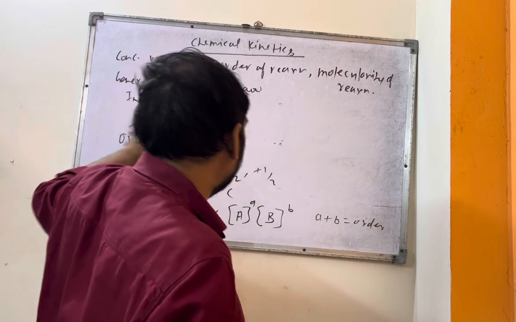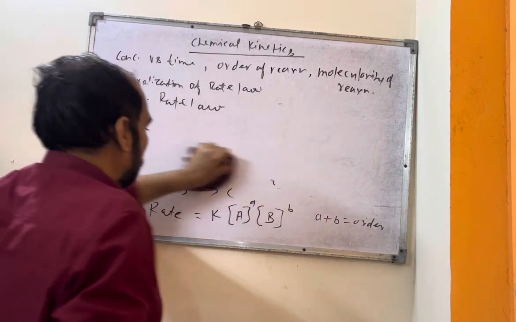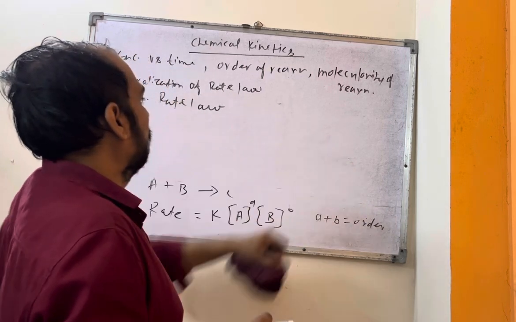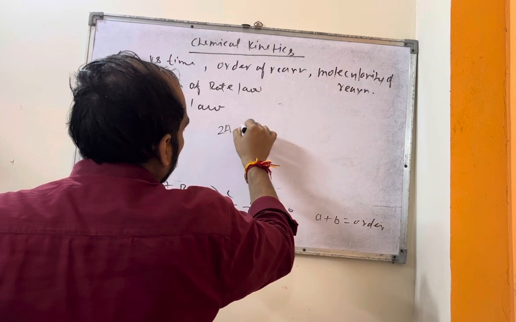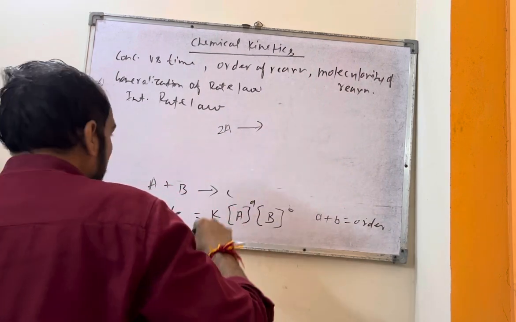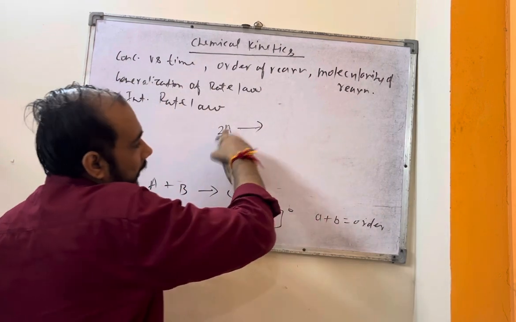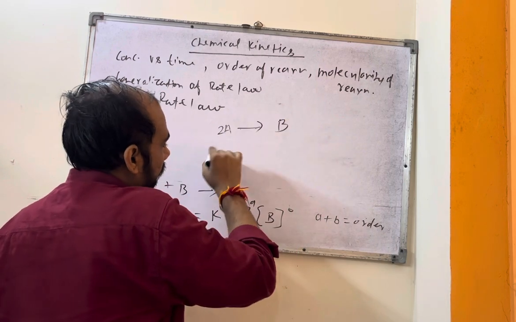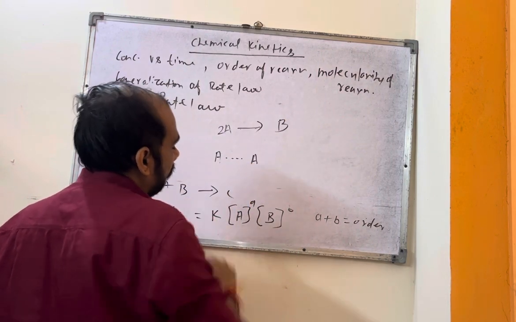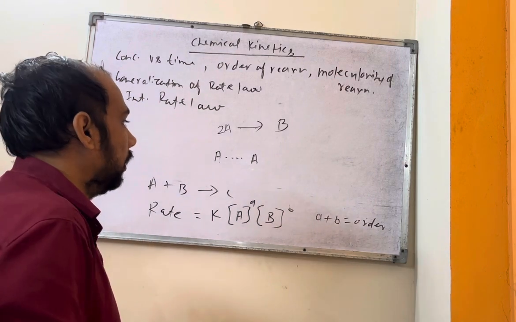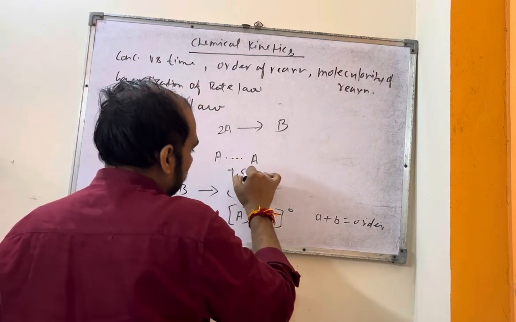For a chemical equation, how we determine the molecularity is that, let's say 2A is forming B, so the two atoms or molecules of A are forming this transition state.